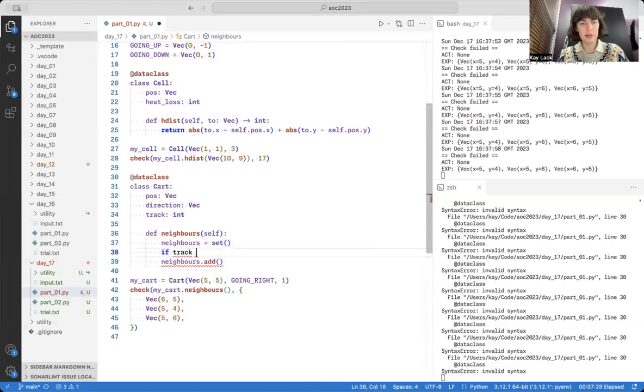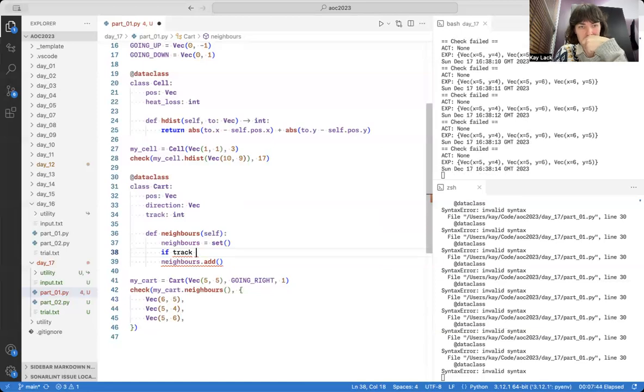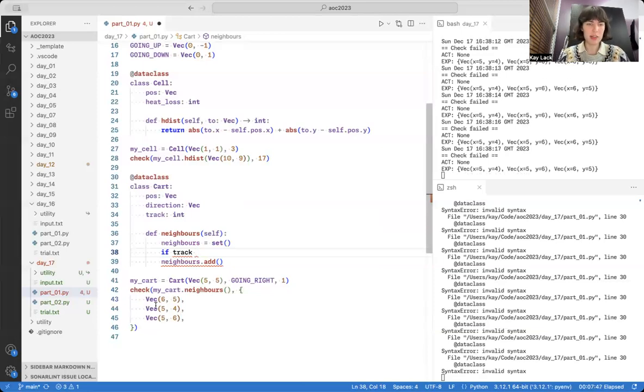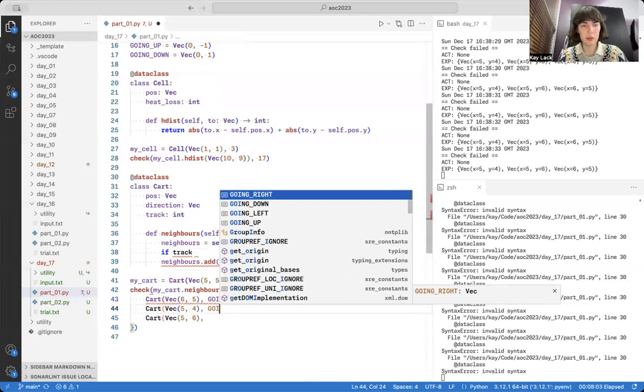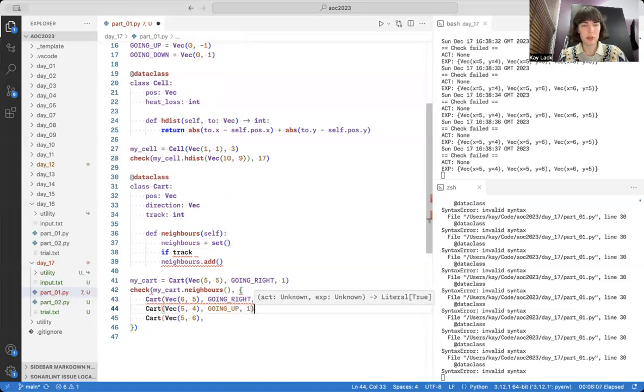No, wait, it's carts we're creating. So a cart of this position in the direction going right with a track of 2, going up with a track of 1 and then going down with a track of 1. That's what we should be getting.